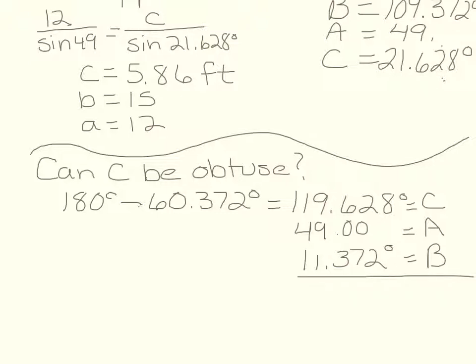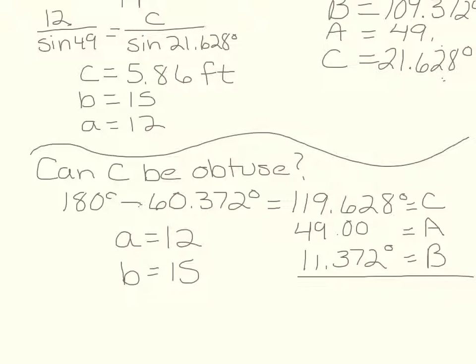apply right away, looking at, without doing any more work, the given information: we had side A being 12 feet and side B being 15 feet. Well, look, our sides are supposed to be in proportion to our angle measures.